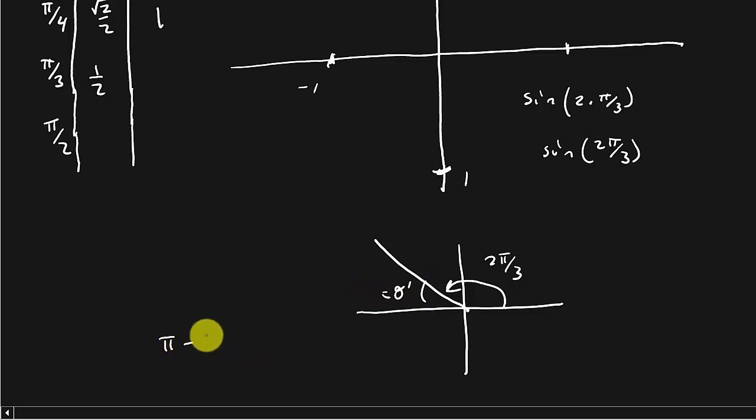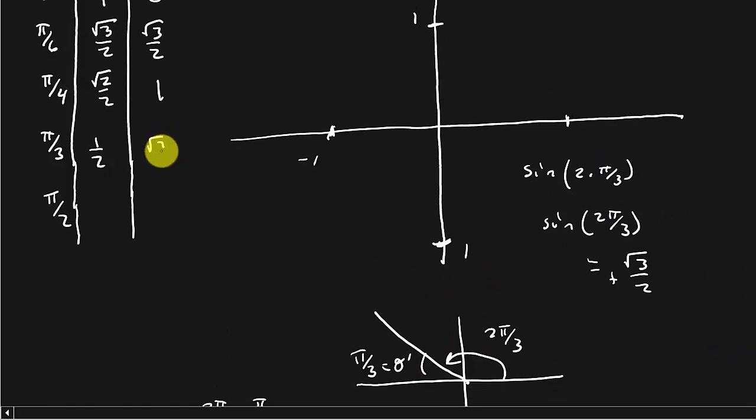That's going to be pi minus 2 pi over 3, which is pi over 3. And then the sine of pi over 3 is equal to square root of 3 over 2. You see that? We are in the second quadrant, so it's still positive. Sine's positive. So this is square root of 3 over 2.